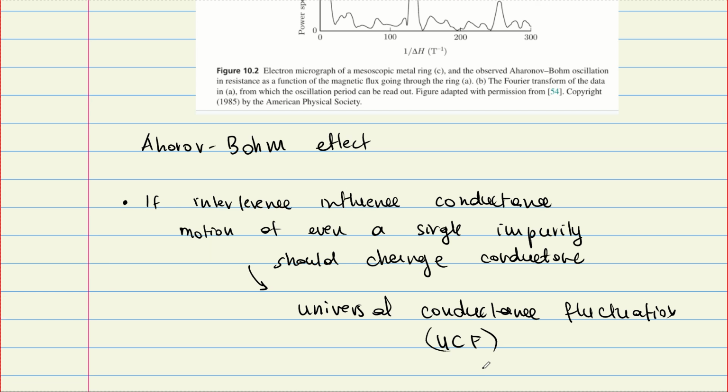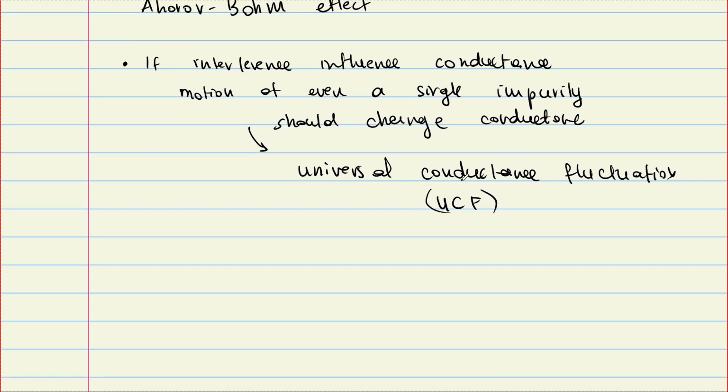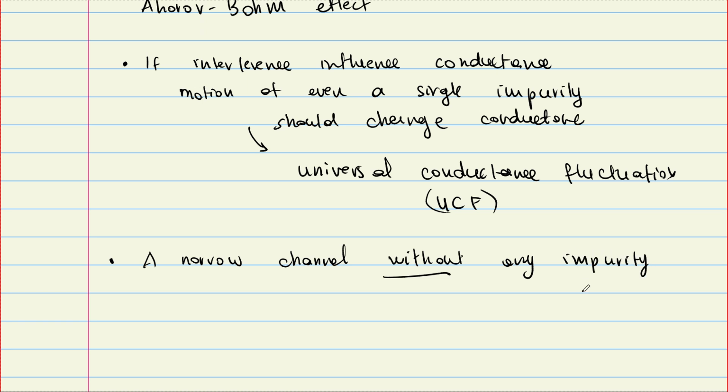So this is one thing we don't expect classically. Another thing that we'll see is if we have a narrow channel without any impurity, classically, conductance or resistance is due to impurities, so if you don't have any impurities and have a narrow channel, there should be zero resistance.